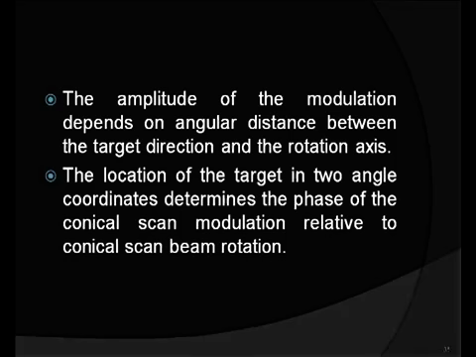The amplitude of the modulation depends on the angular distance between the target direction and the rotation axis. The location of the target in two angle coordinates determines the phase of the conical scan modulation relative to conical scan beam rotation.